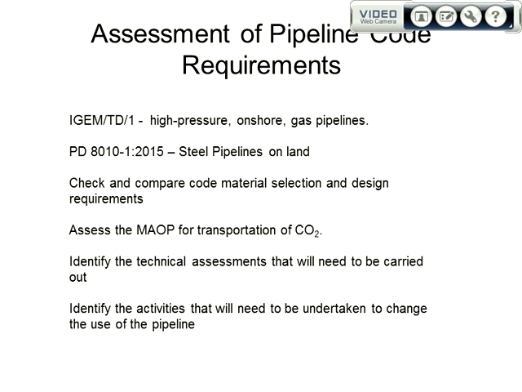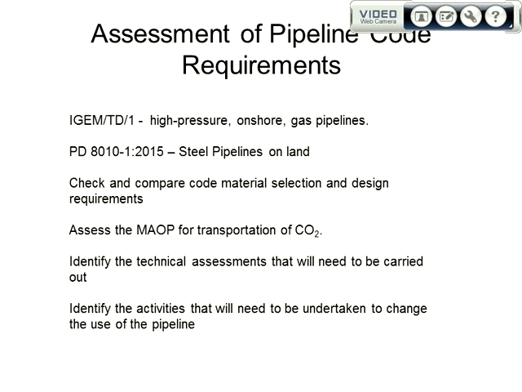Okay, so what you've got to do is check and compare the material selection and design requirements in both standards. You've got to assess the maximum allowable operating pressure for CO2, right? That means looking at the phase diagram of CO2, looking at the operating conditions that the pipeline will see, and then deciding what the MAOP could be.